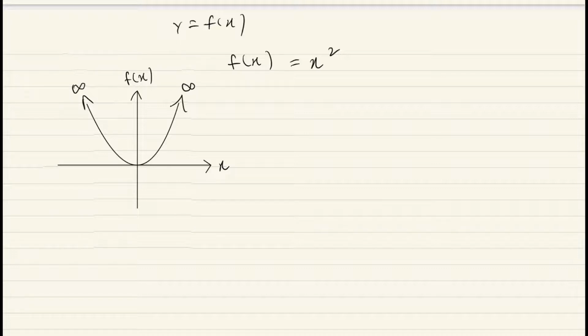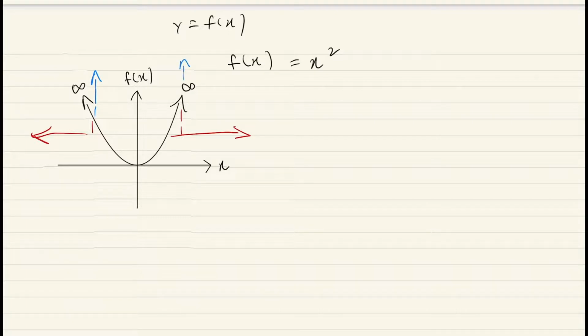So if we break this, it would be going this way. This one would be going this way. And then if you look at this way, the y-axis is going this way, and this one is going this way.